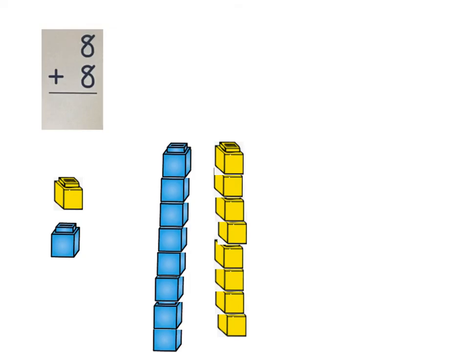All right, got them together? Let's count. 1, 2, 3, 4, 5, 6, 7, 8, 9, 10, 11, 12, 13, 14, 15, 16. So the answer to 8 plus 8 equals is 16.